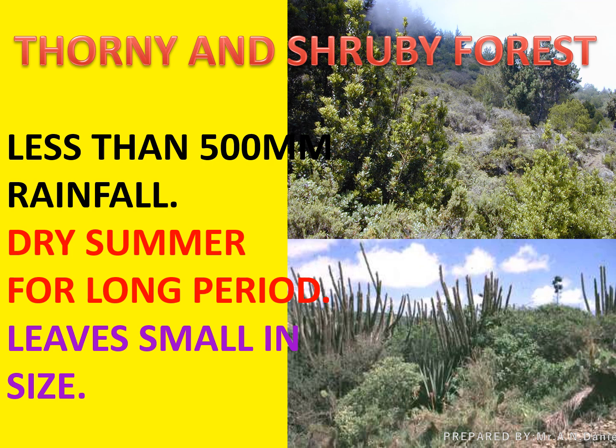The third type of forest found in India is thorny and shrubby forest. This thorny and shrubby forest is found in regions that receive less than 500 millimeters of rainfall.